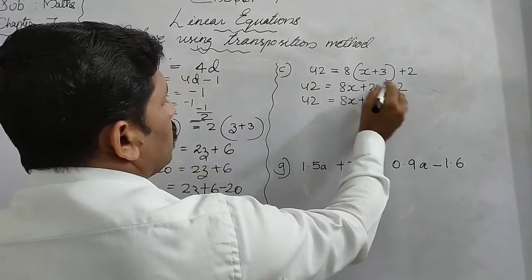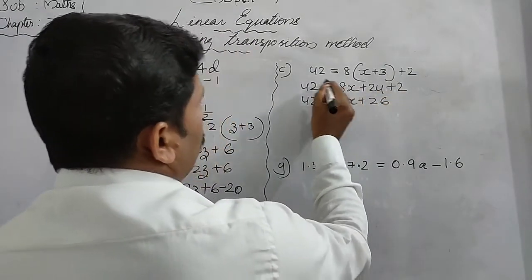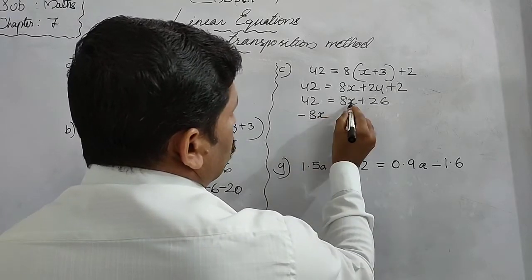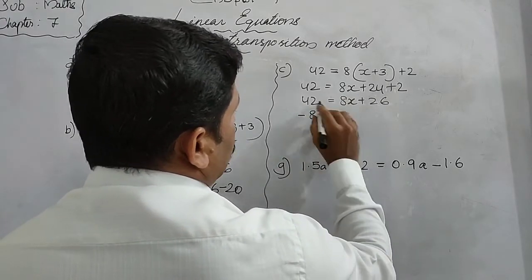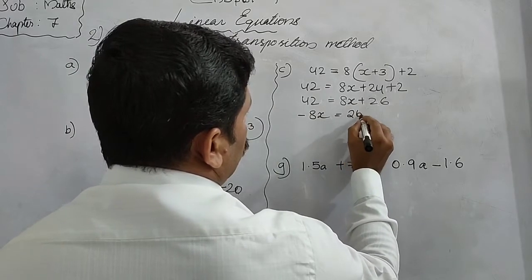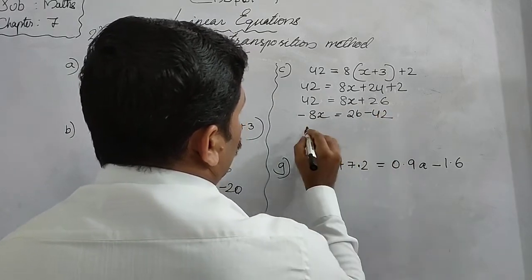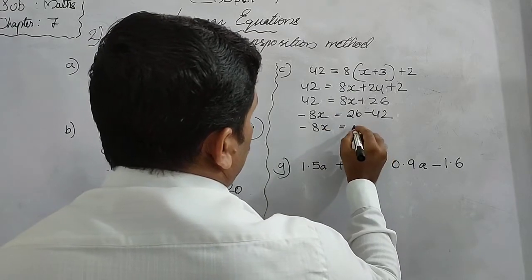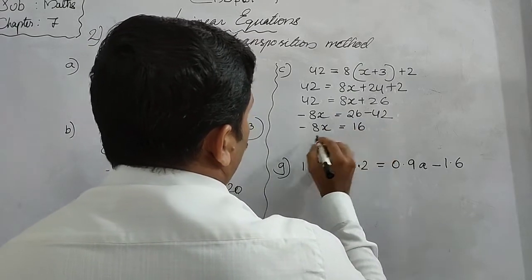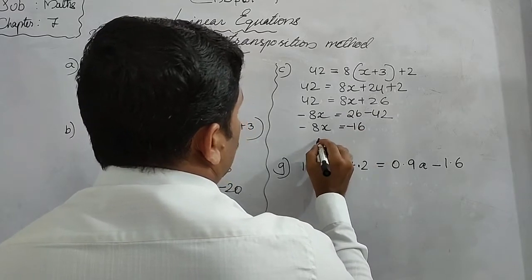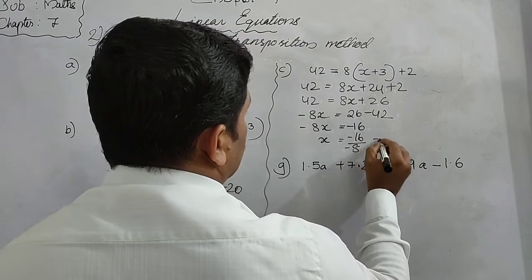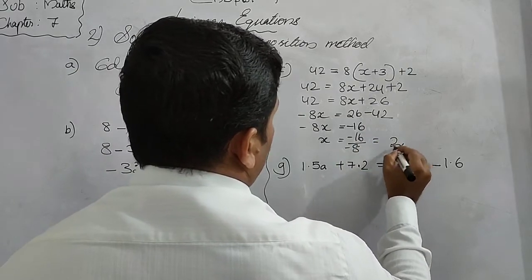Now I am taking this to the other side, and at the same time I am bringing this to this side. So negative 8x is equal to 26 minus 42, which is negative 16. Therefore, x is equal to negative 16 divided by negative 8, that is equal to 2. x is equal to 2.